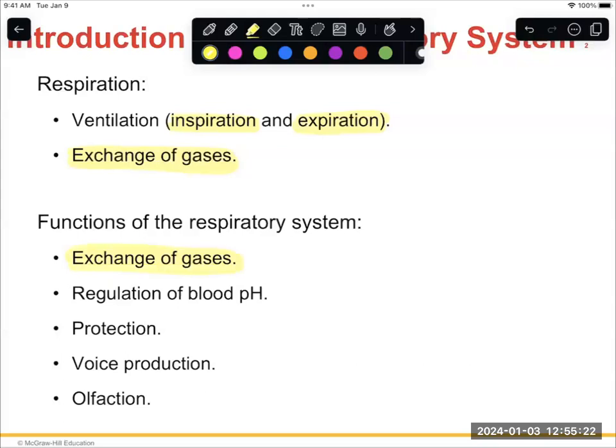It regulates your blood's pH, because carbon dioxide actually plays a role in the acidity, how acidic your blood can be. So it's regulated through that carbon dioxide. Protection. We have a lot of different protective mechanisms along our respiratory system to prevent us from inspirating or breathing in any kind of foreign objects or any different kinds of microorganisms.